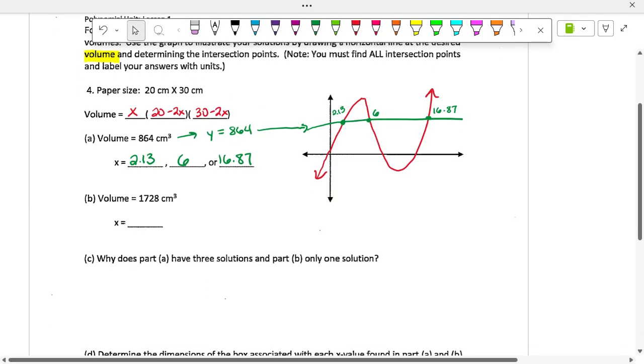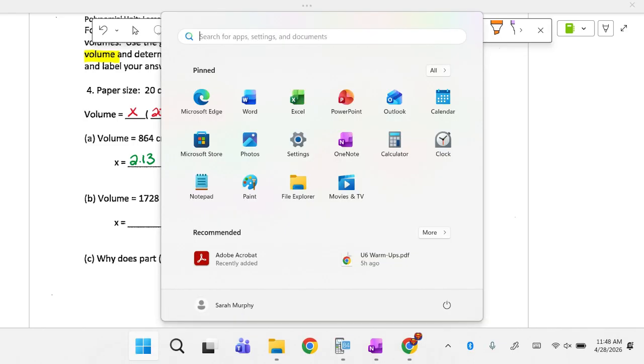Now, on the other hand, we have 1728. So we're going to do the same thing. We're going to type into Desmos Y equals 1728 and check the point of intersection.